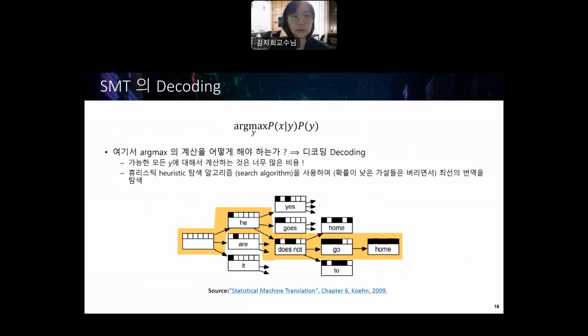And by combining these two together, the translation part and the language model part, we need to find the output that maximizes these two probabilities together. And how do you compute this over all possible combinations? There are so many ways this could happen, and also different possible word mappings and possible word orderings.